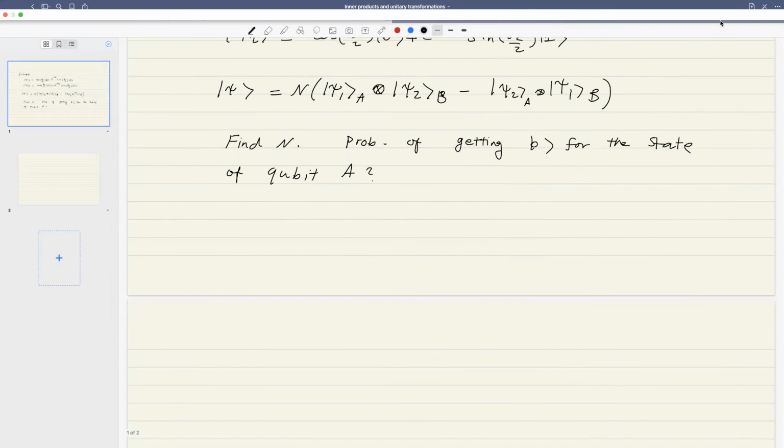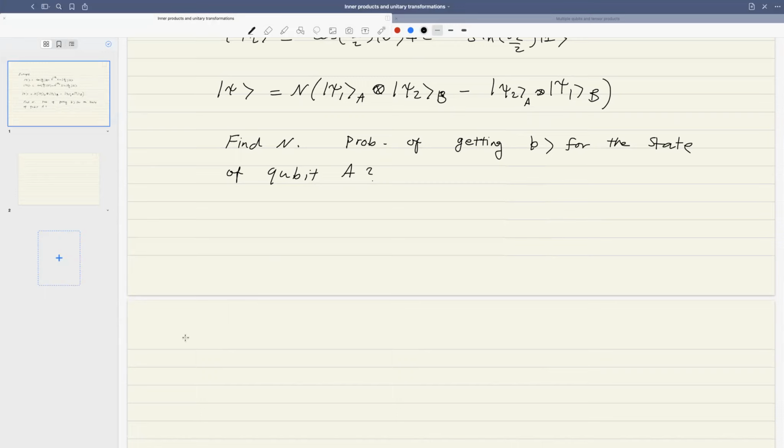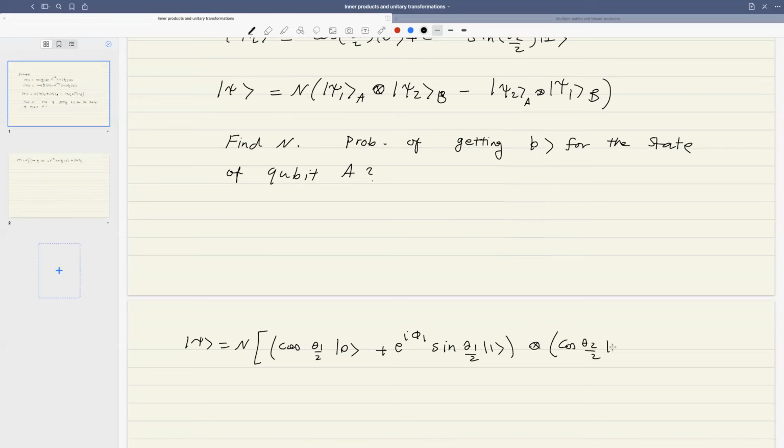So I can write psi equal to N times cosine theta 1 over 2, 0, plus e to the i phi 1 sine theta 1 over 2, 1, tensor cosine theta 2 over 2, 0, plus e to the i phi 2 sine theta 2 over 2, 1.